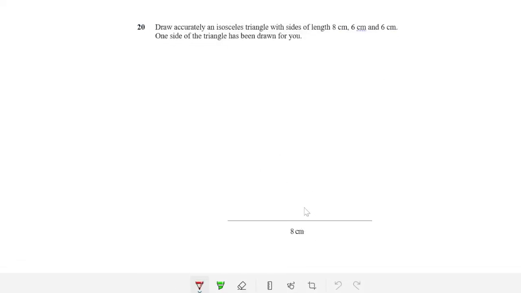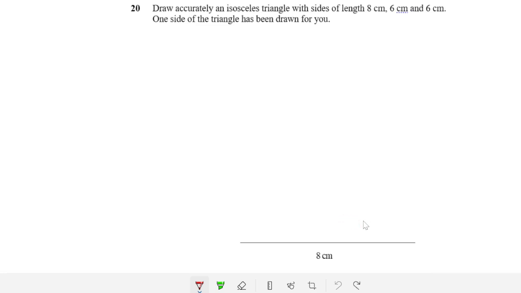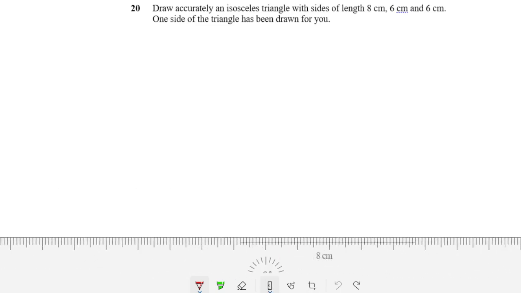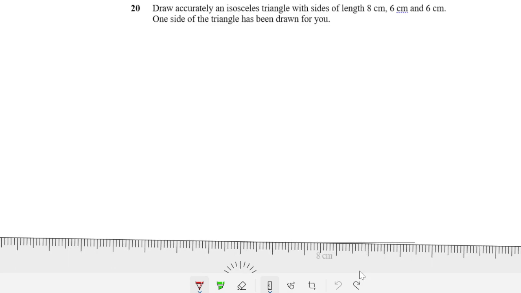I'm just going to zoom in a tiny bit. So we're assuming that this is 6, so I'm going to use my ruler to make that. I want to make my ruler slightly smaller.